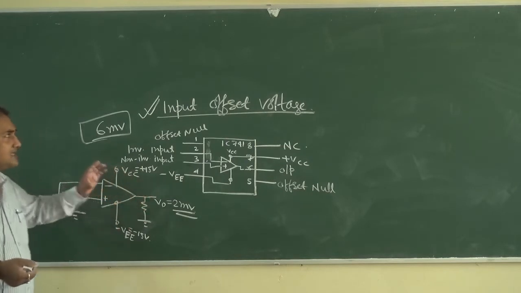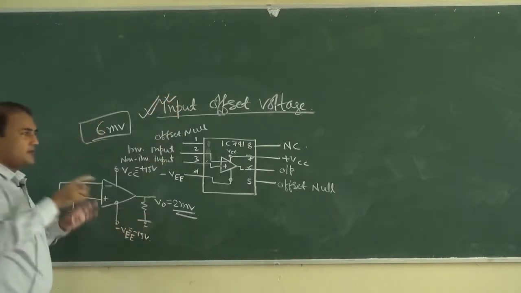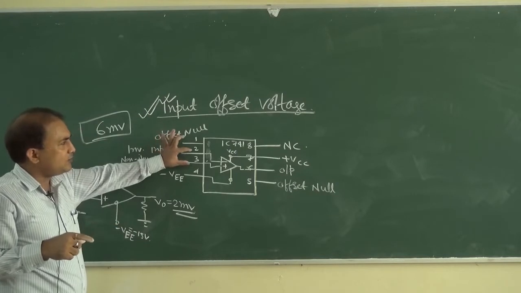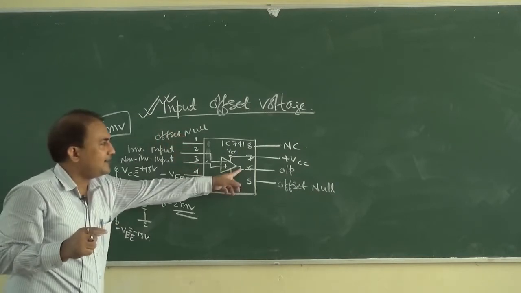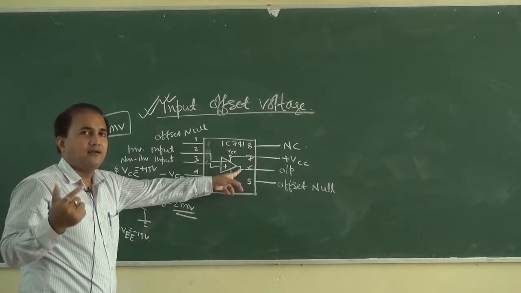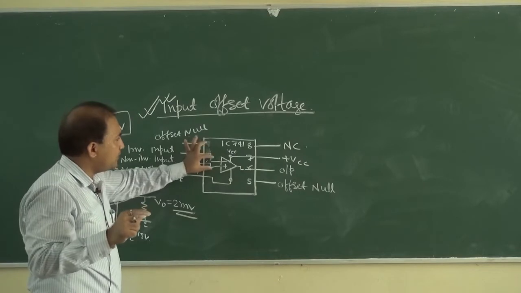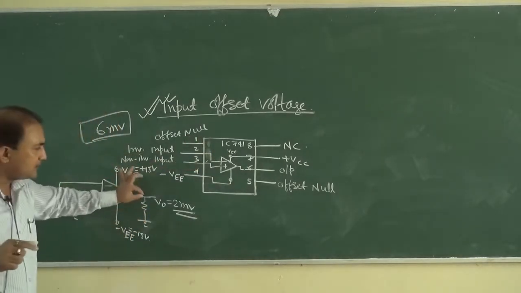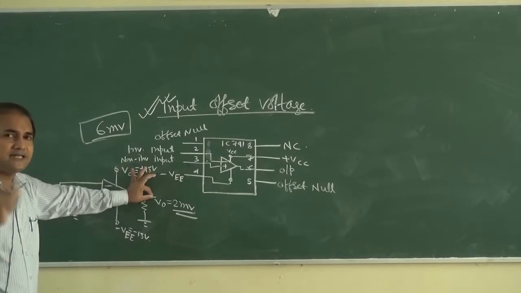Okay, so this is input offset voltage, that is the input voltage that is given to the input terminals of an operational amplifier to null the output, to make the output voltage 0 when both the input terminals are, suppose, ground. Then output voltage should be 0, but it is not 0 because of mismatching.